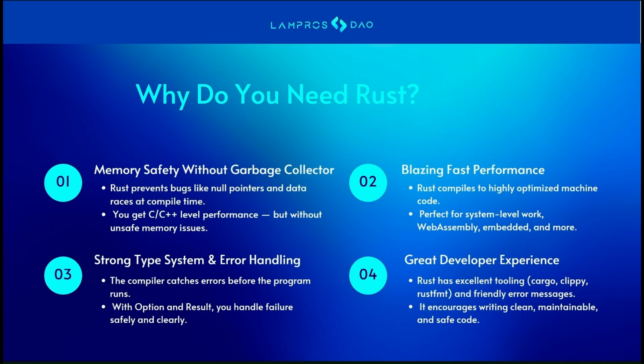The first point is memory safety without the garbage collector. If you are familiar with a programming language like Java, then you might have heard of the term garbage collector. What the garbage collector does is periodically check the unused memory held by any variable and clear that memory.